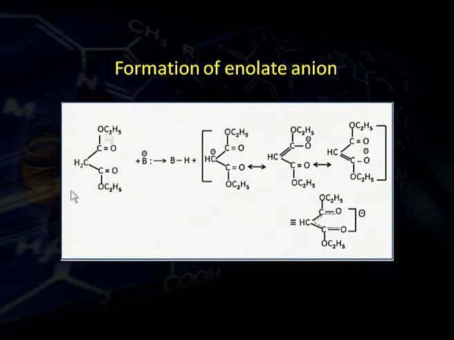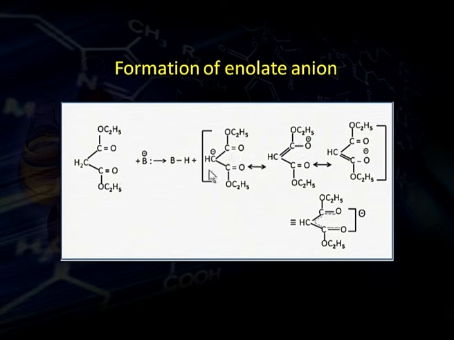When diethyl malonate is treated with a base, it removes an alpha hydrogen from the methylene group and gets converted into an anion. This anion is then stabilized through various resonating structures like this, because the negative charge is in conjugation with the carbonyl group.